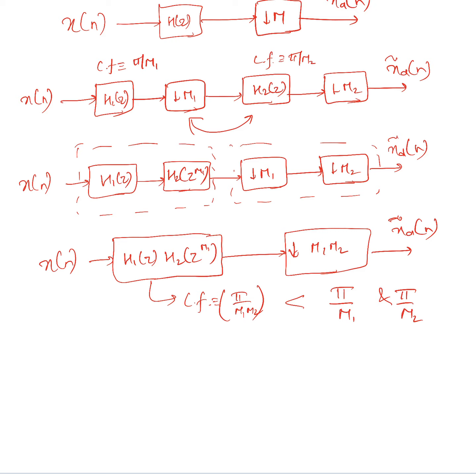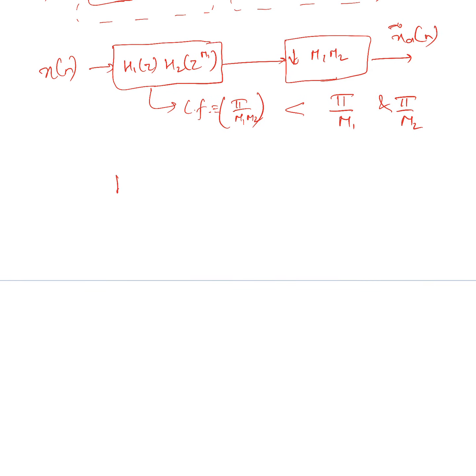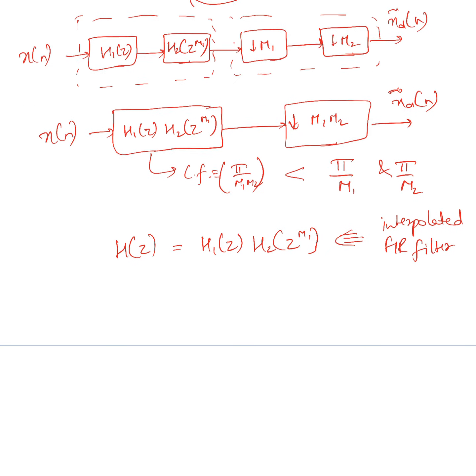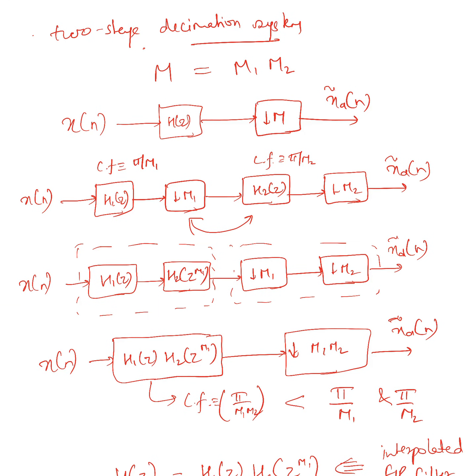Now if we see the frequency response of this overall filter, it would be given by H of z as H1 of z times H2 of z to the power M1, and we call it the interpolated FIR filter. Now if M has many factors, the above can be generalized to any number of stages, likewise we did when we wrote M as equal to M1 M2.